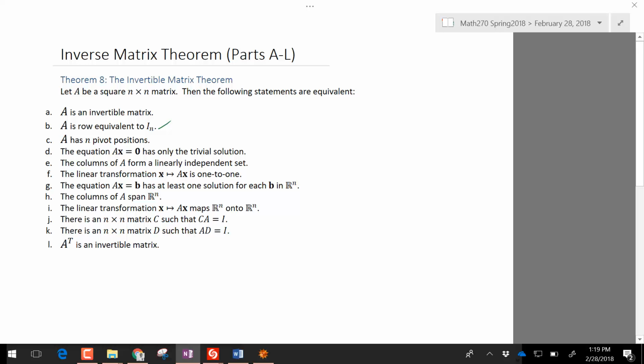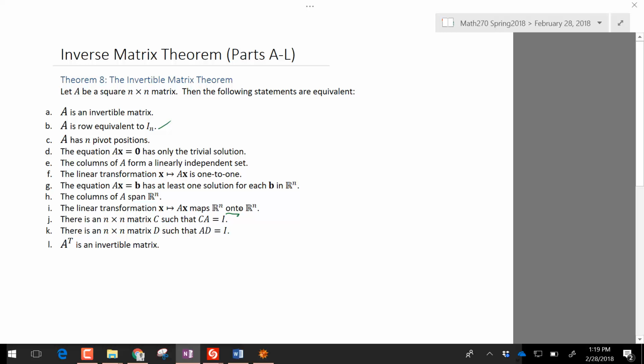The columns of A form a linearly independent set, which means if it's not invertible, then the columns of A are dependent, right? The opposite will hold for everything else that's opposite. The linear transformation is one-to-one, and somewhere along the line it's onto also.